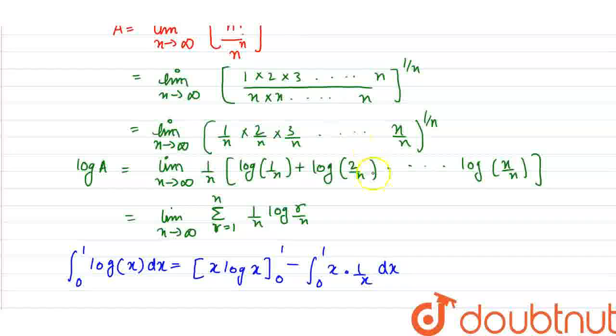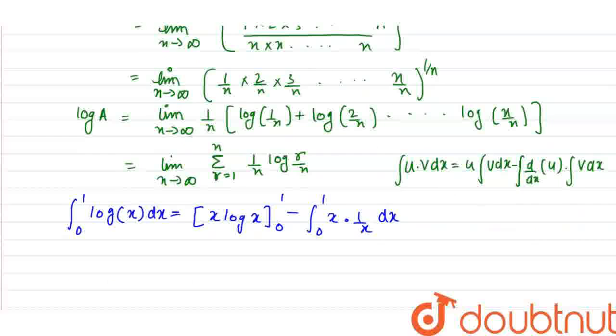Actually guys, what is integration by parts? If the integration is in the form u into v dx, it will be u remaining as it is, integral of v dx, minus the integral of the differentiation of u, d by dx of u, into the integration of v dx, right? So we are just applying integration by parts here.